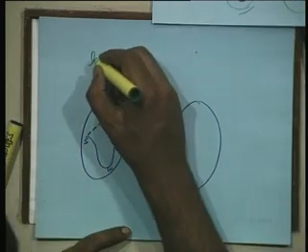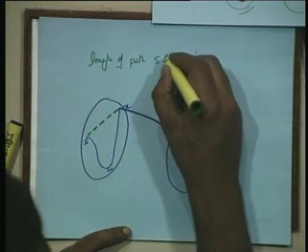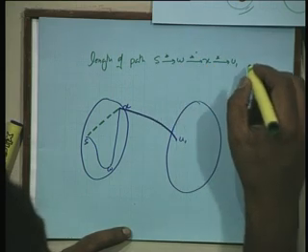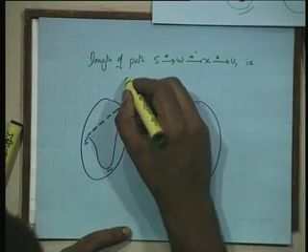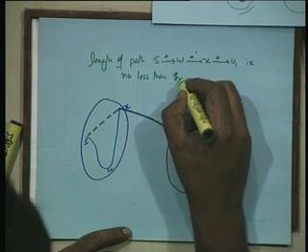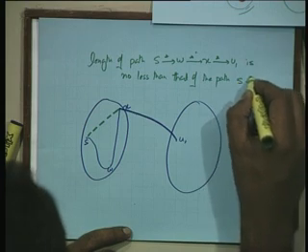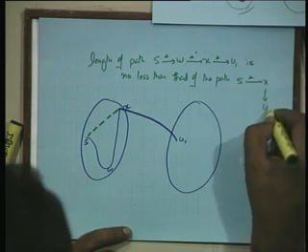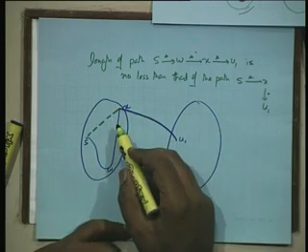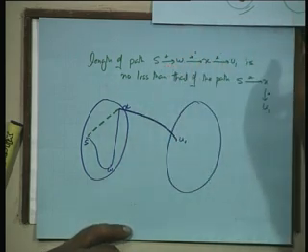So let me write that down. Length of path S to W to X to U1 is no less than that of the path S to X to U1, where the path from S to X I am taking is the shortest path from S to X. That does not include W. Why?